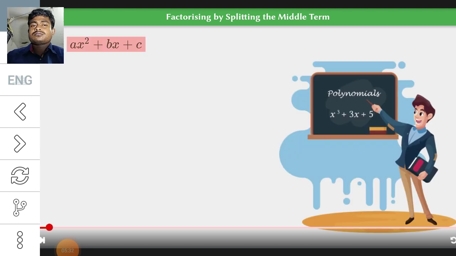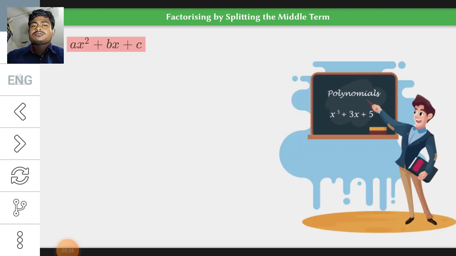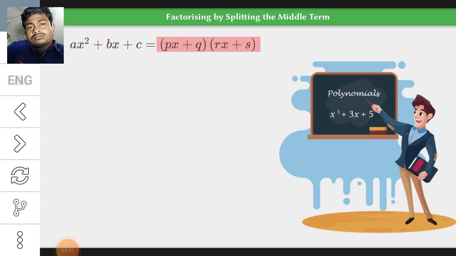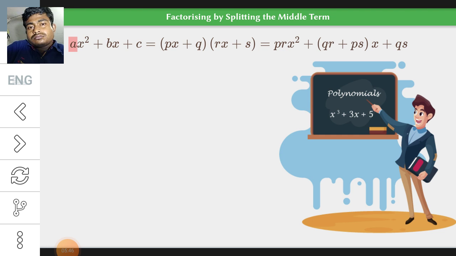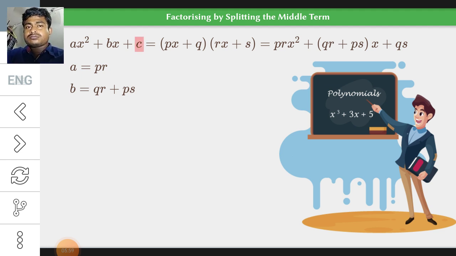Consider a polynomial ax squared plus bx plus c. Let the factors of this polynomial be (px plus q)(rx plus s). Now, comparing the coefficients of x squared, we get a is equal to pr. Comparing the coefficients of x, we get b is equal to qr plus ps. Comparing the constant terms, we get c is equal to qs.